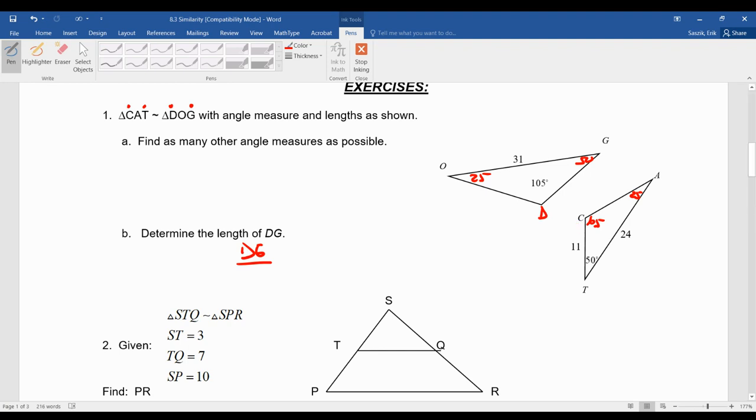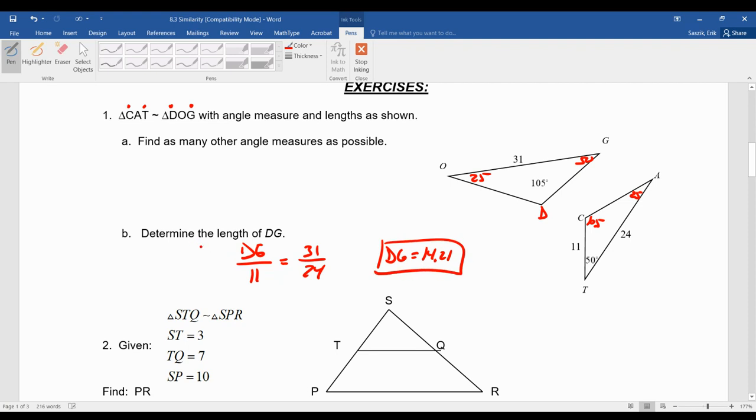CT is 11, right? So DG is to 11. Now, notice how I put the dog on the top. That's going to be as 31 is to 24 because those correspond. And then we can cross multiply and solve. Okay, you should end up getting DG equals 14.21.